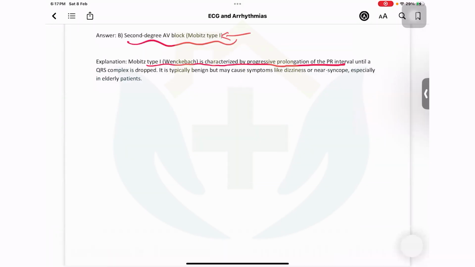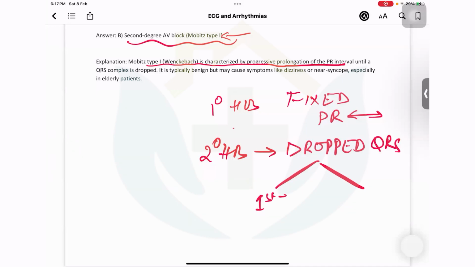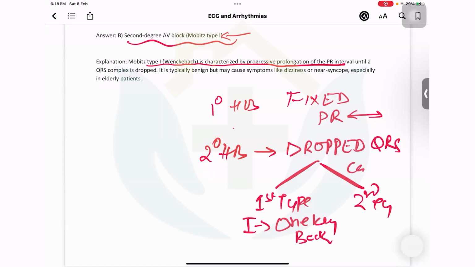So this is Mobitz type 1. The problem is that both of them are second degree. So you have to remember that in first degree heart block, it is a fixed PR prolongation. In second degree heart block, there is a dropped QRS. If you can predict when it will drop, then it is type 1, Wenckebach. You can remember it like that. The second type is when you cannot predict.